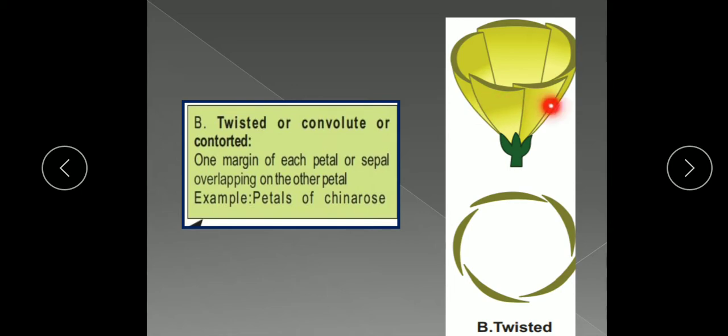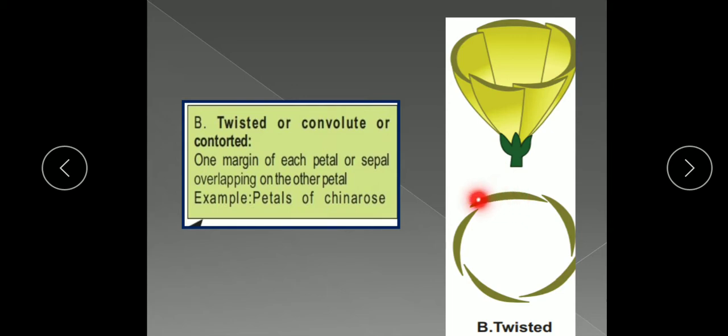You just see this arrangement, how it is there in the petals, which is shown here. The members of a whorl are rolled up in such a way that one margin of a member covers the margin of the next member, and the other margin is covered by the one before it.